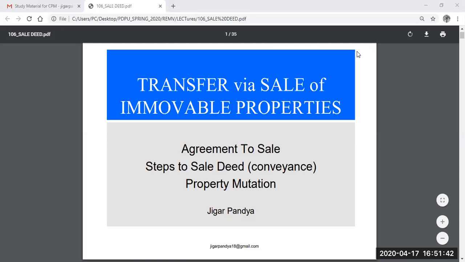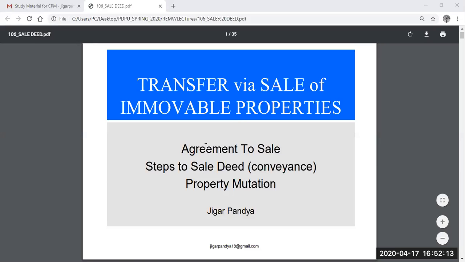And by now, you all are aware of title of the property, and you are also all aware of the different types of transfer. And in the last class, I had specifically talked to you about the detail in which we are going to cover the sale deed. So there are two aspects of a sale deed.